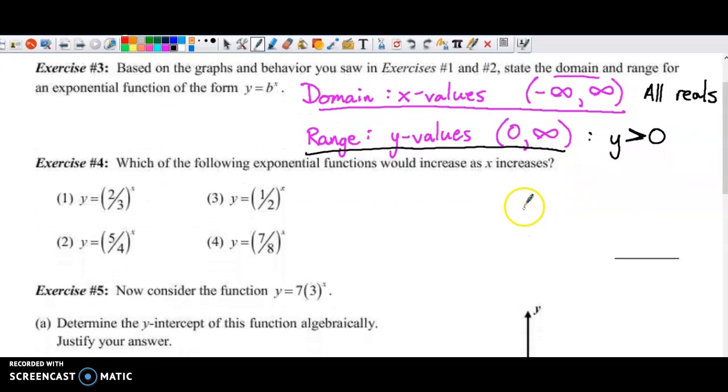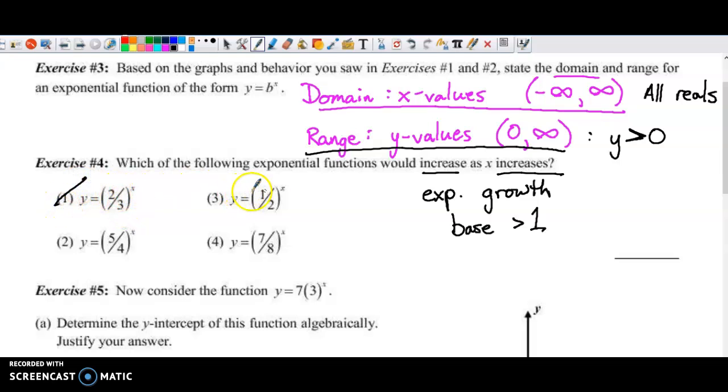And so as we're trying to make the connection on exercise 4, basically it's saying the exponential function that increases as x increases. Well, that's going to be what I call exponential growth. And what that means is the base that I'm talking about must be greater than 1. So as you're looking at your options, is 2/3 bigger than 1?